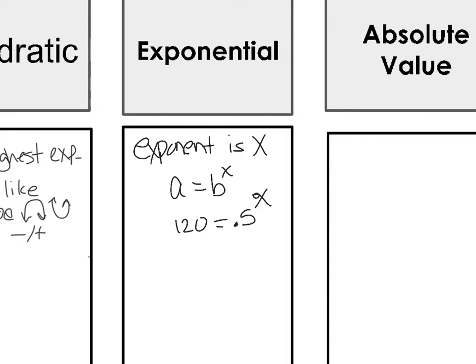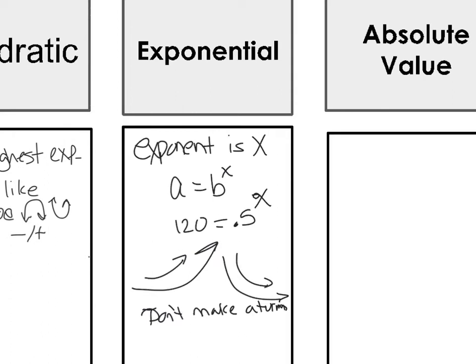These are either going upward or going downward, but not both. They don't make a turn. So it's either going up or going down, and this can kind of be flipped over also.